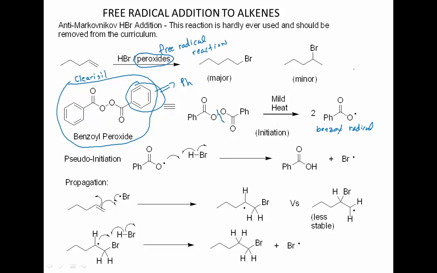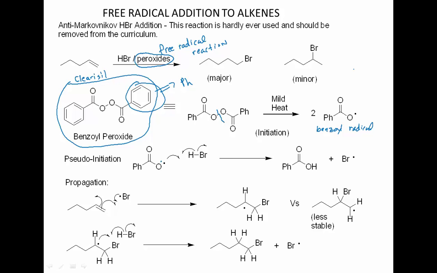This is the true initiation step, but benzoyl peroxide is really just a catalyst to get the reaction going, and doesn't really appear in the propagation. So I need to have this other step between the actual propagation and the initiation. I've invented the term pseudo-initiation to refer to what this step here is.